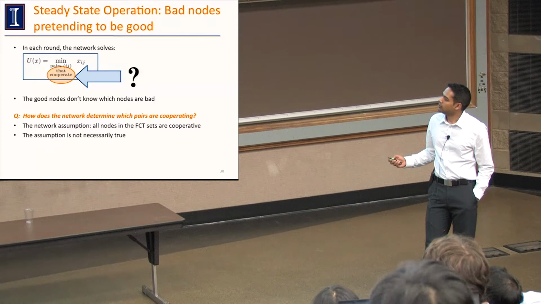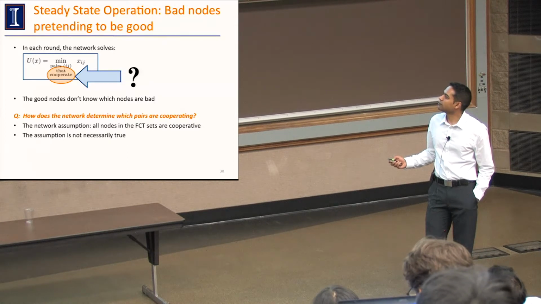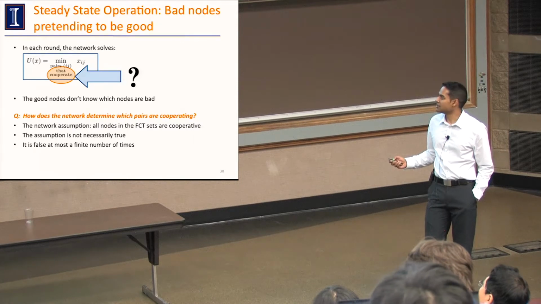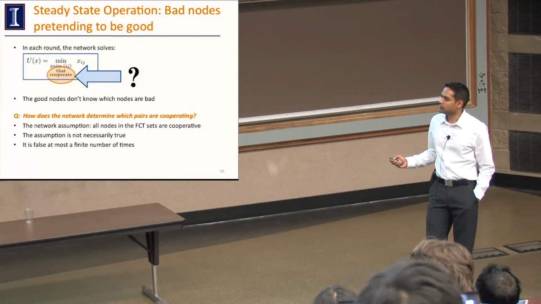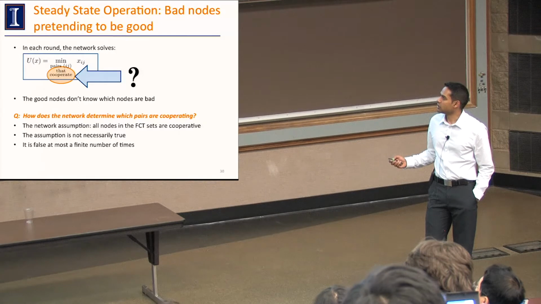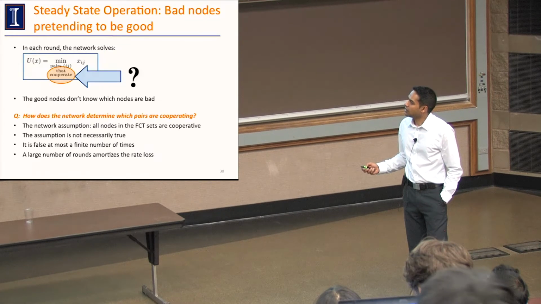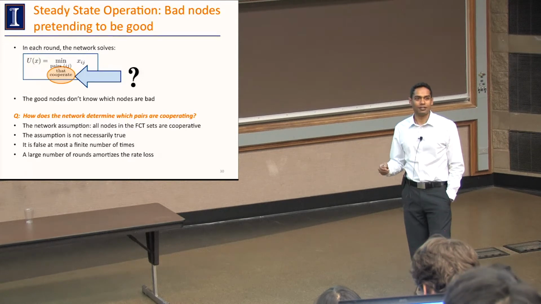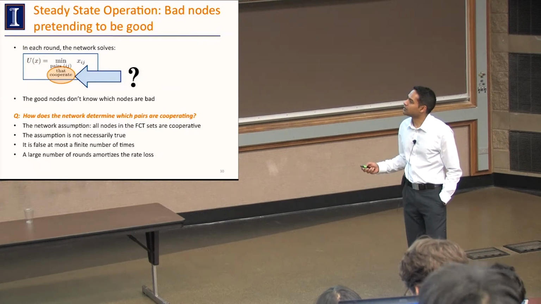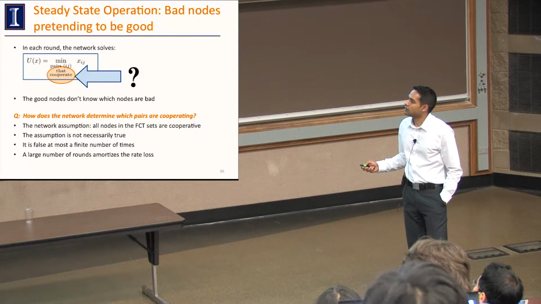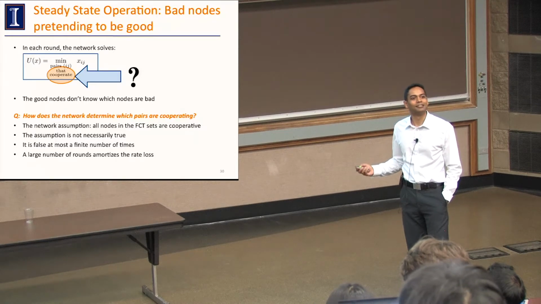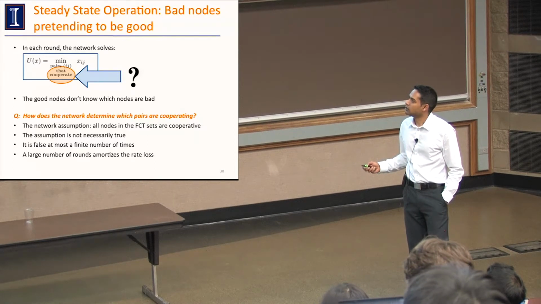So here I'm showing you what happens if node C, the attacker, opts to disable a concurrent transmission set in the second last round. Until it disables that concurrent transmission set, the utility of the network is actually much higher than 1/3.